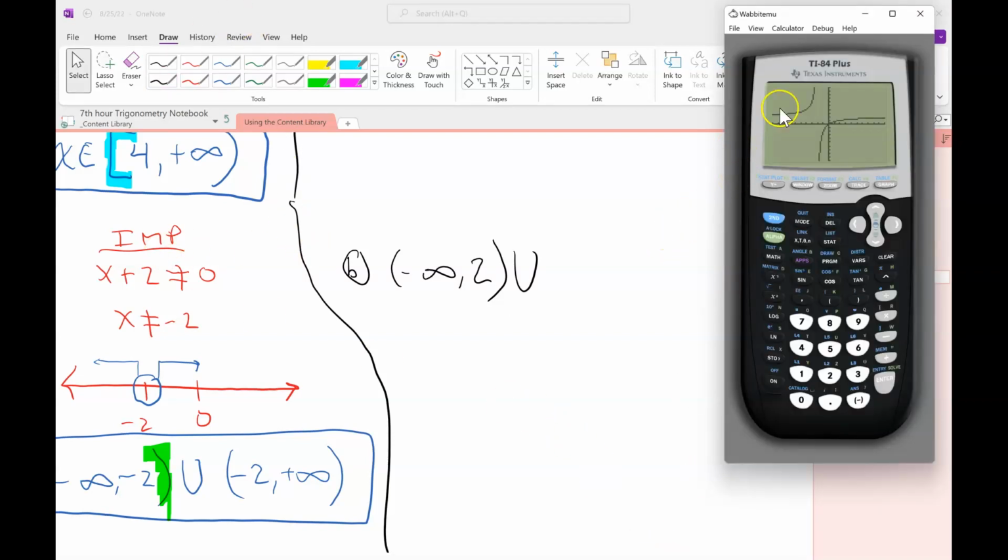And now I'm going to look at the other upper piece here. So the shortest thing, well, it's also going to be at 2, right? Everybody agree with that?